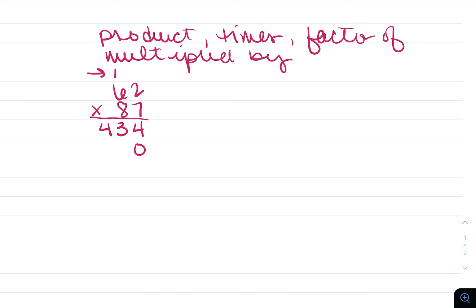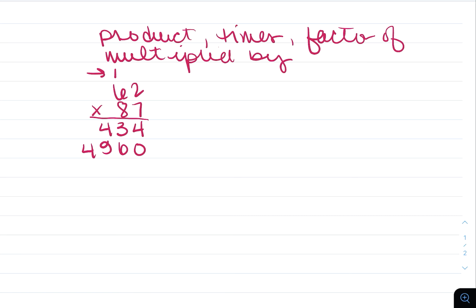So we have 8 times 2, which gives us 16. We write the 6. And then we take that 1 and carry it into the next column. There's already 1 there, so I'm just going to leave it alone. Now I have 8 times 6, which gives us 48, and then we add that 1 for 49.